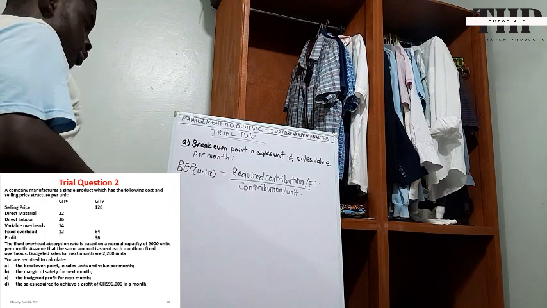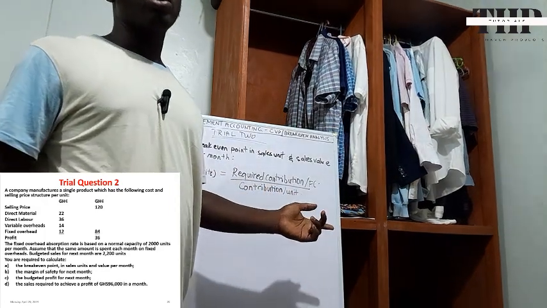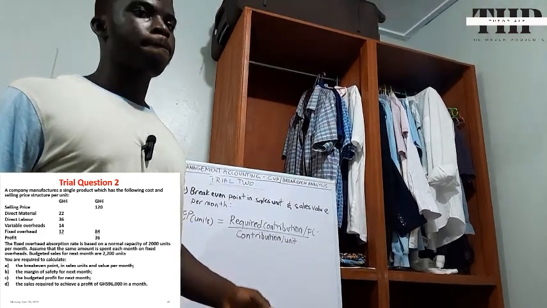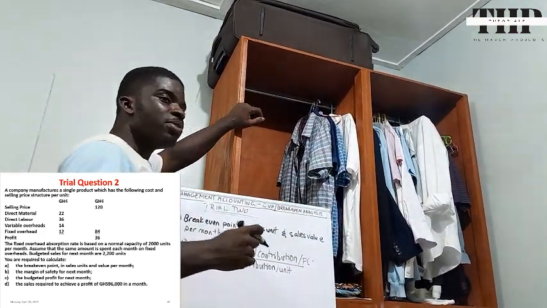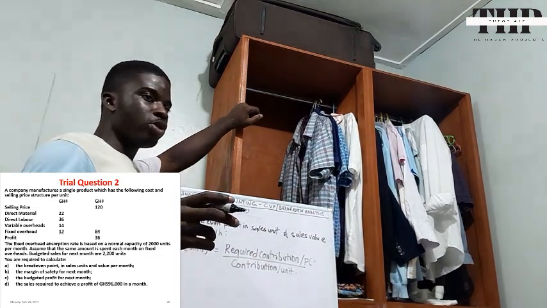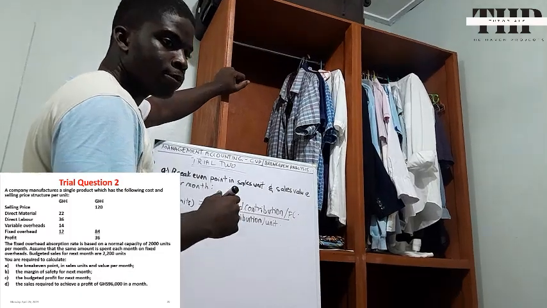Are we following? So now, how do we handle the contribution per unit? Would it be the selling price minus variable cost per unit? Yes, contribution is selling price minus variable cost.